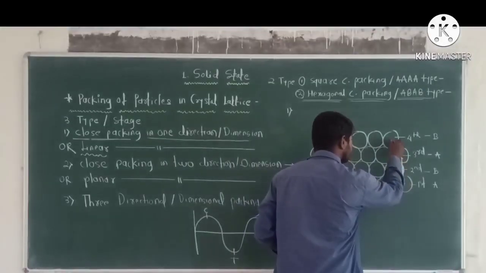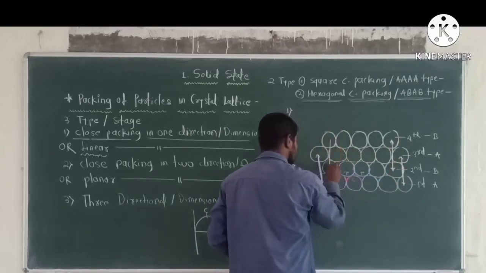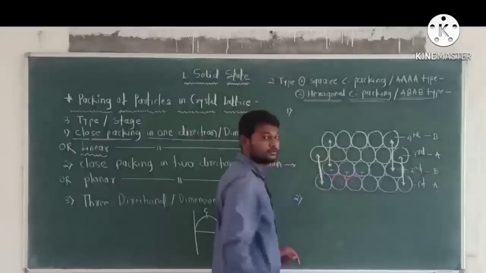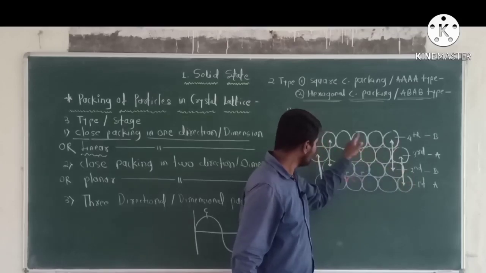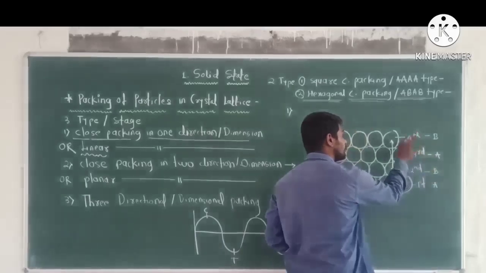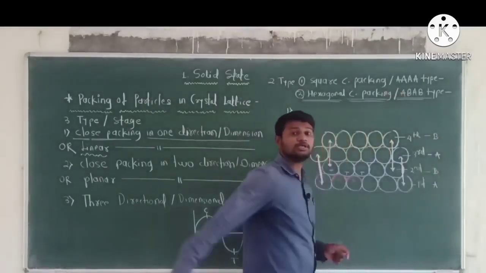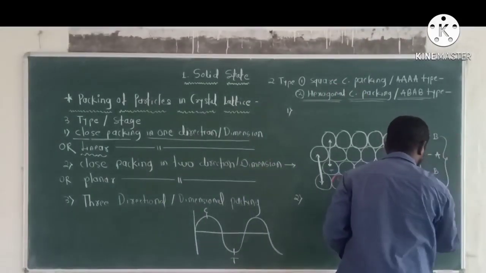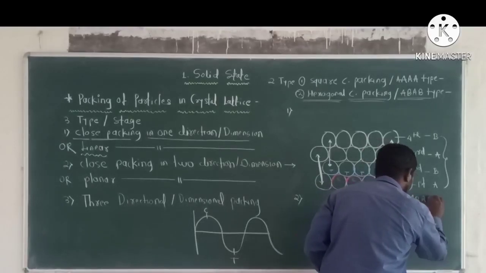Let's see, here also see, the location of constituent particles of the fourth and second row is identical. Therefore the second row and fourth row of constituent particles are called B type, and so on, and therefore this type is commonly called AB type.